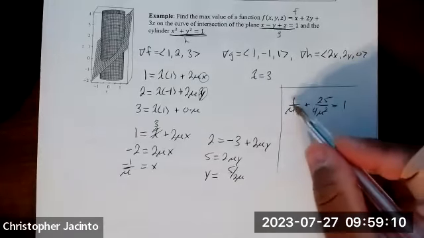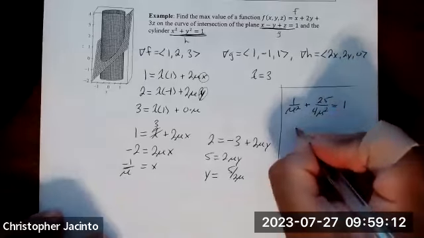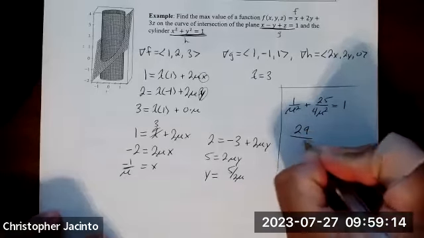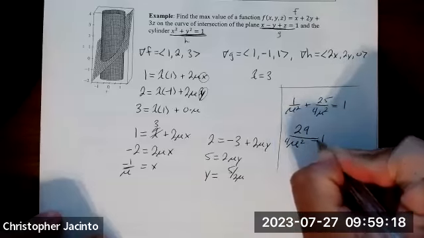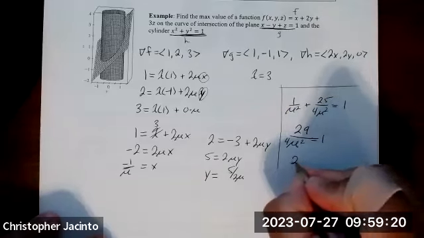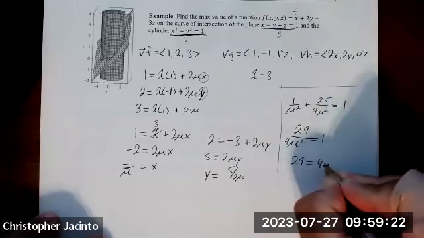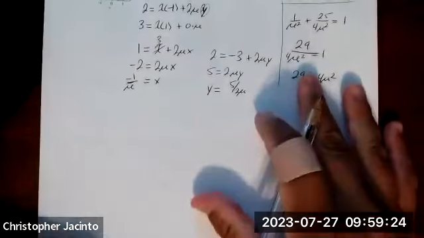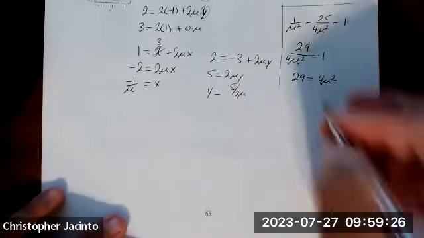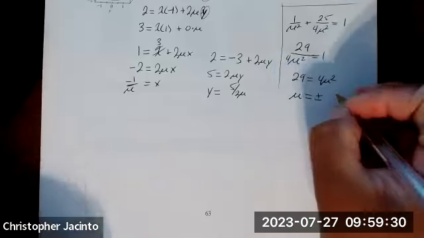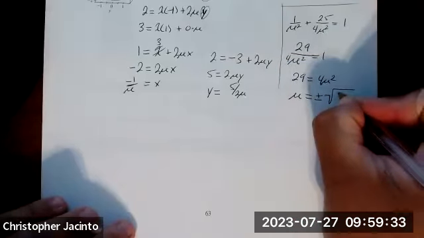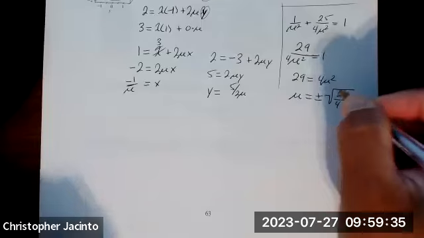So multiplying this by 4 and putting this together, that gives us 29 over 4 mu squared equals 1. Bring this bad boy on the other side. So therefore, mu is equal to plus or minus the square root of 29 over 4.